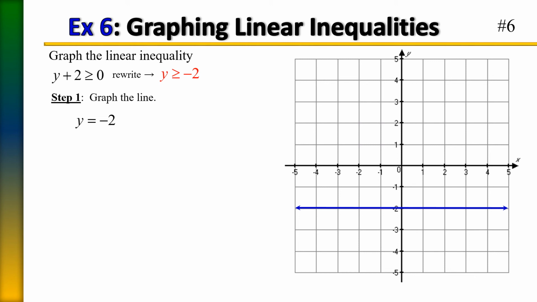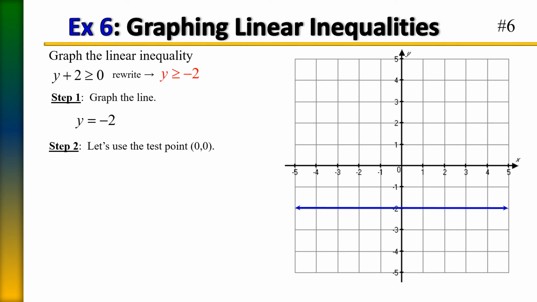If we're using the test point region, our test point would be at 0, 0, so we're going to remove the y because we don't have an x and replace it with 0. If when we plug 0 in, it leaves us with a true statement, then we would shade over the region where the test point is.